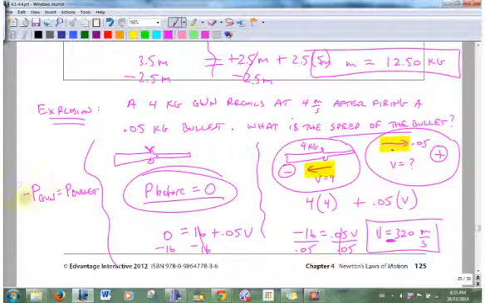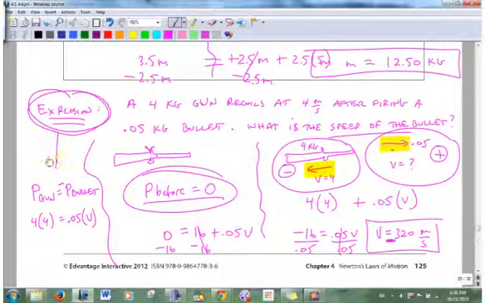Okay? One of them's got to be a negative. It doesn't really matter where you put it. So you can just start with that. The momentum of the gun is 4 kilograms times 4 meters a second. The momentum of the bullet, I know the mass. I just got to solve for the velocity. Okay? It doesn't matter which kind of way you think about it. But an explosion question, that's what's going to happen. Okay?